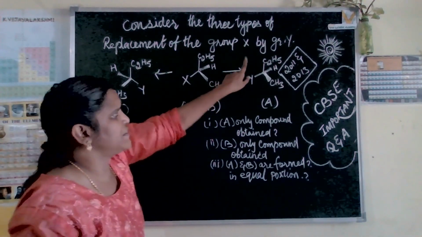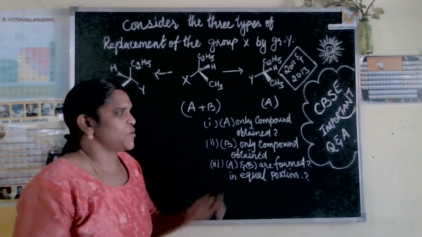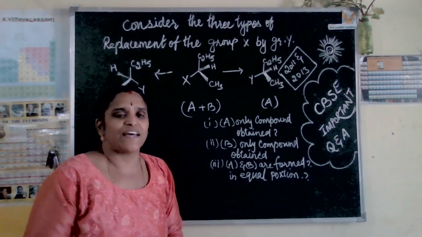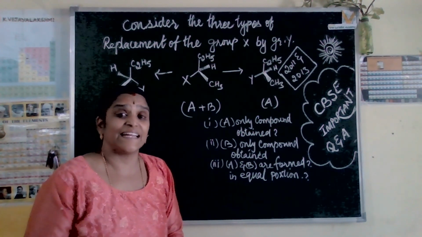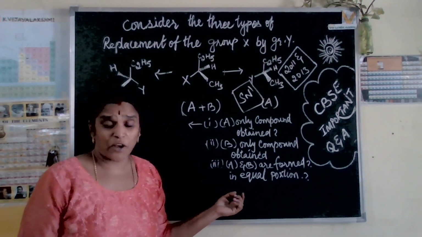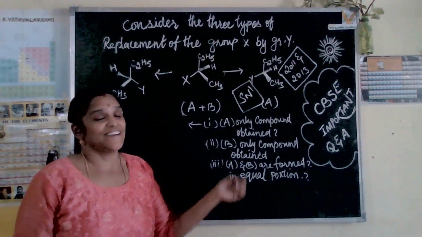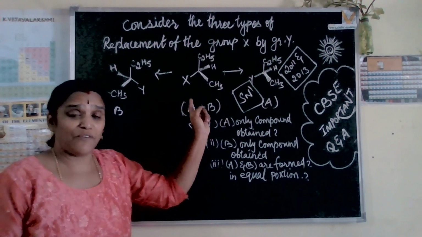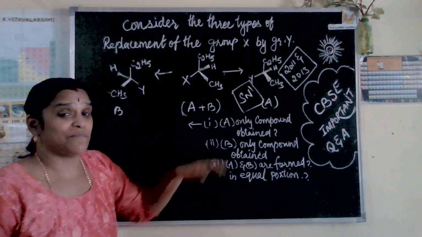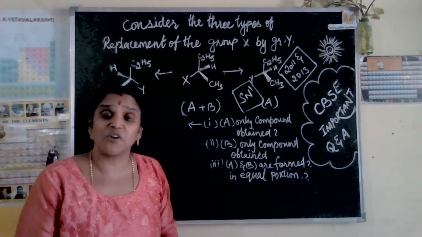So only compound A is obtained. That means it is a retention configuration. As we are talking about retention configuration, the symmetry of the substance before and after the reaction will be the same structure. That means it remains dextro-rotatory.